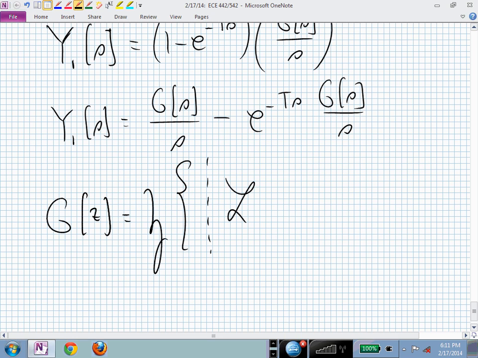I'm now going to inverse Laplace transform capital Y sub 1 of s. That's going to give me a little y of t. I'm going to sample that, meaning this is some continuous time signal.